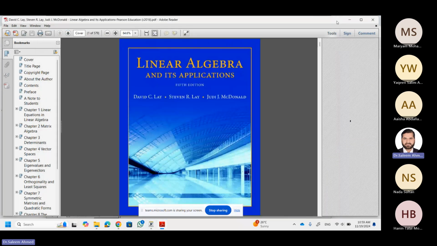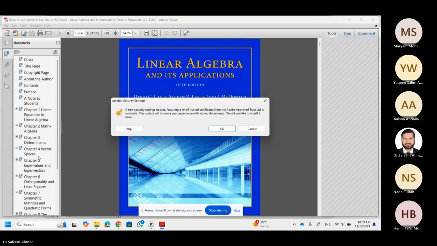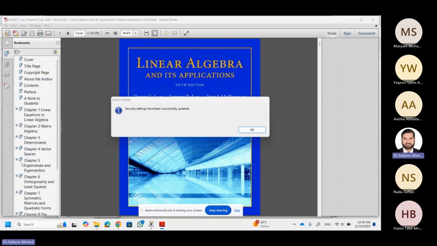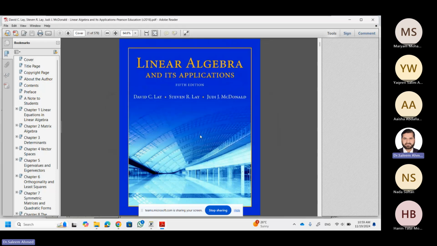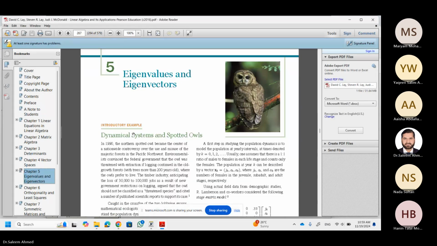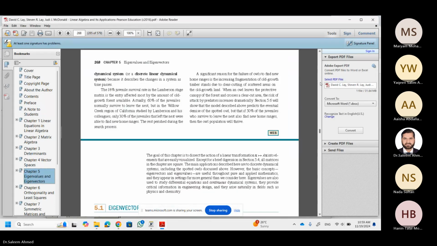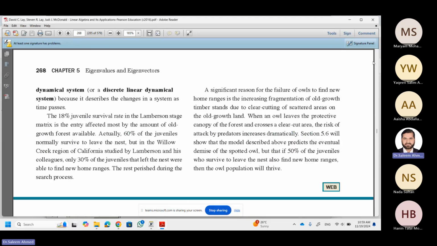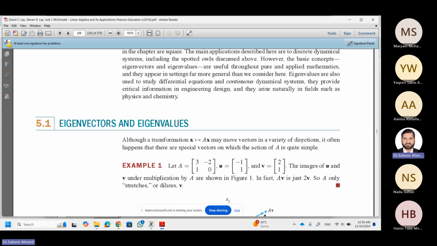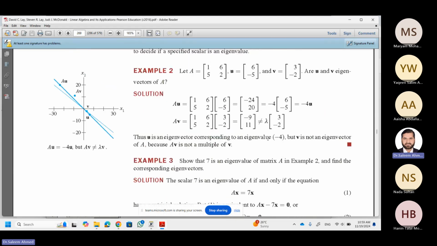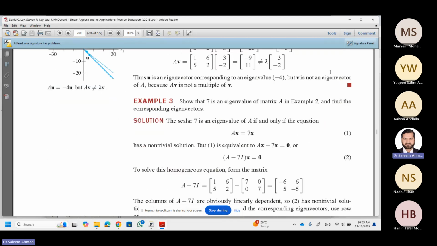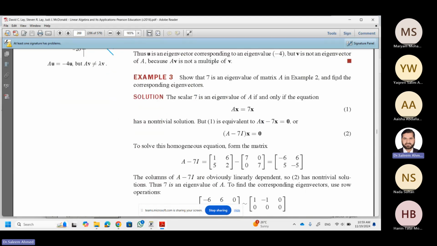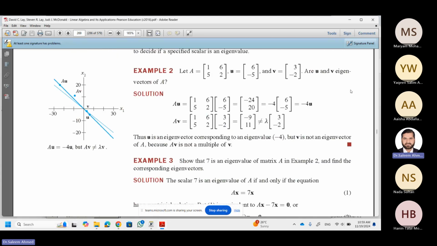This is the example that I did. If a vector is given and you have to check whether it's an eigenvector, it's not difficult. We can multiply with A.